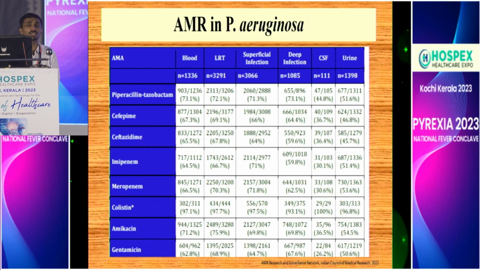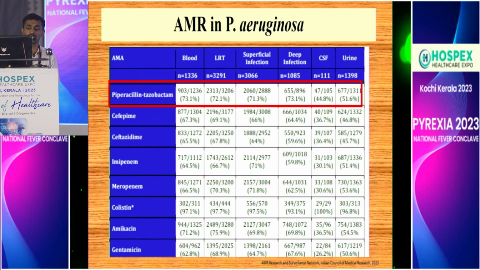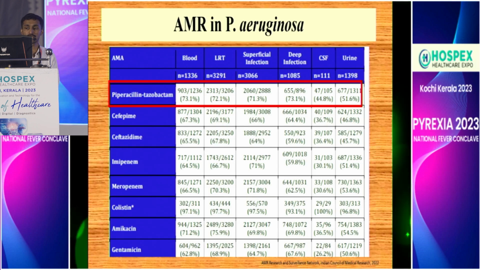Most of these reports by ICMR are quite shocking, because these are the antibiotics that we use very commonly in our place. Piperacillin sensitivity is 73% in Pseudomonas in blood samples, whereas meropenem susceptibility is only 66%.